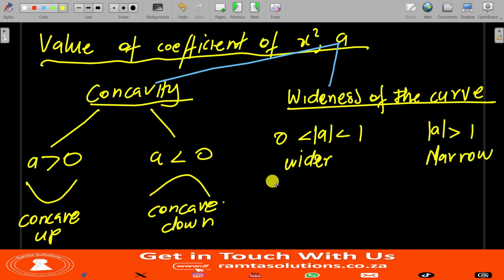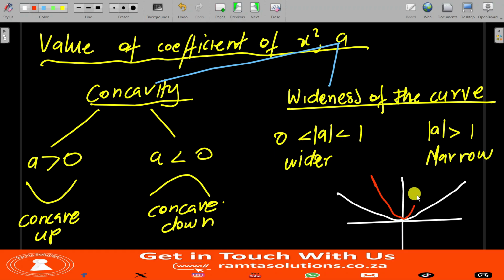For example, these ones will be moving away from the y-axis, whereas these ones are moving closer to the x-axis. Let me show you. Let's say we have one, I'm going to draw it here, and then I'm going to use a different color.